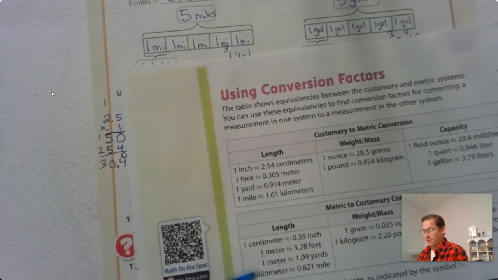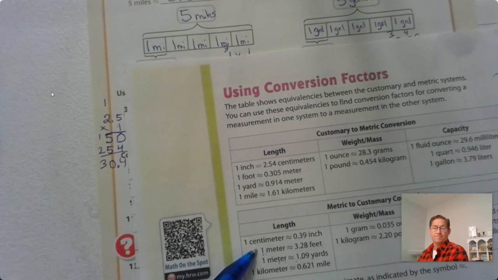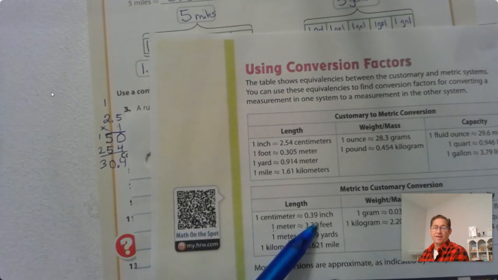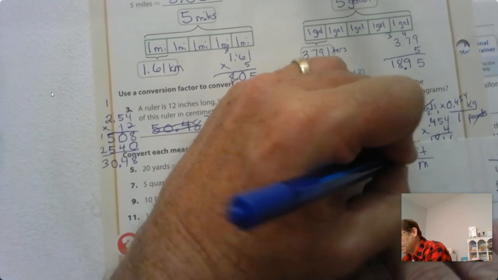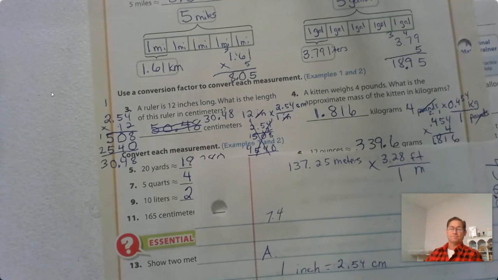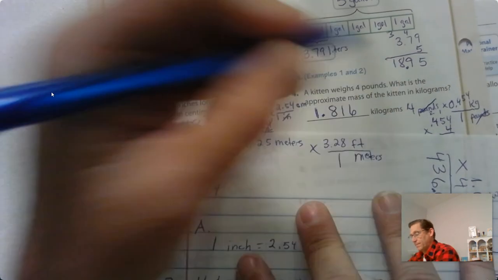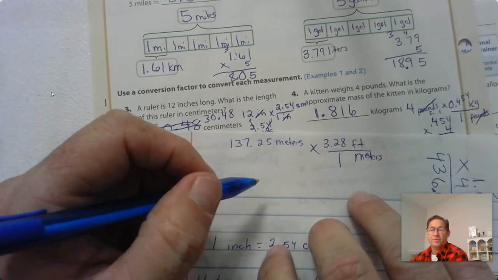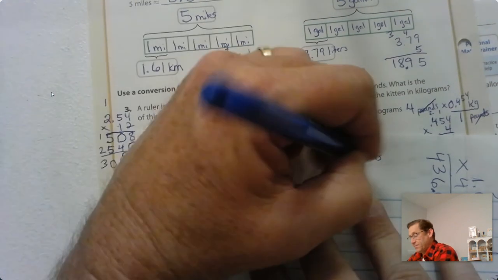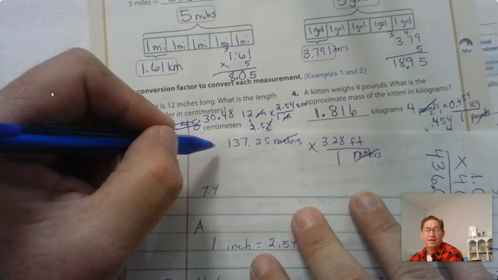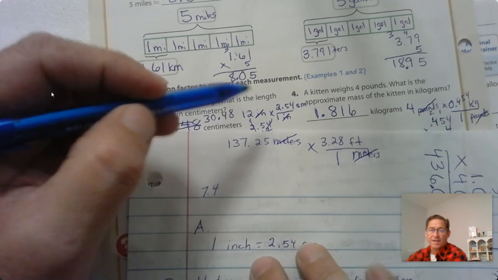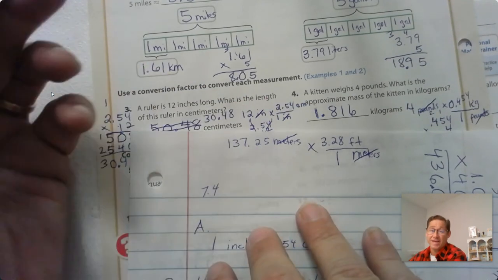All right, so how many feet are in 1 meter? 1 meter is 3 and 28 hundredths feet. Divide out the meters, and so we have to multiply 137 and 25 hundredths times 3 and 28 hundredths.